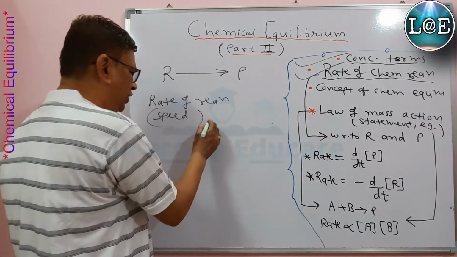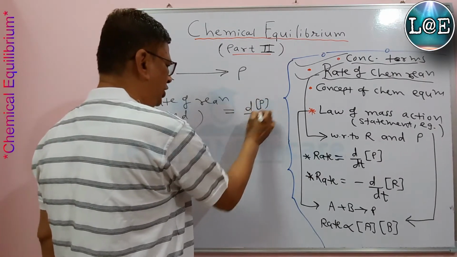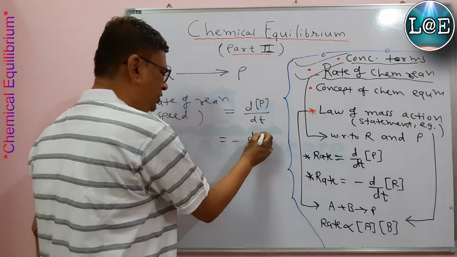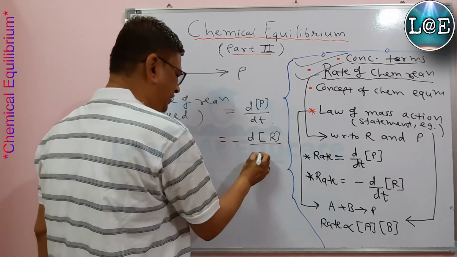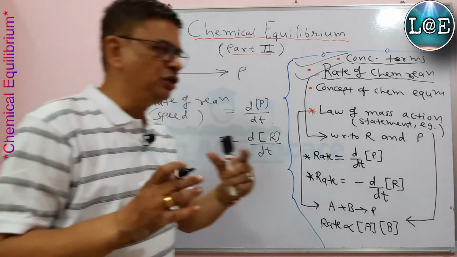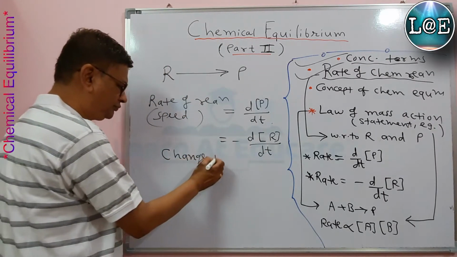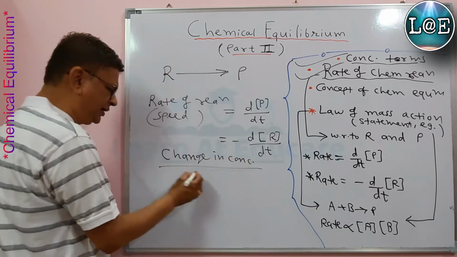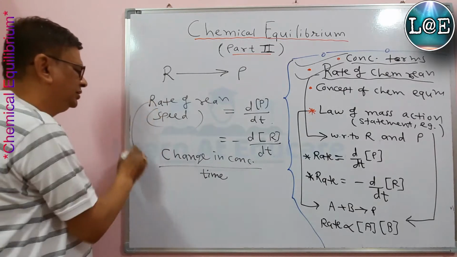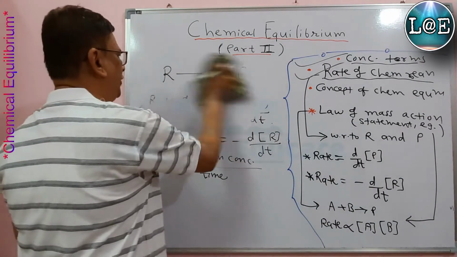That's why the rate of reaction is given by d by dt of concentration of P, the product, and in terms of reactant, it is minus d by dt of concentration of R, something like this. So that is the change in concentration. In general, this ratio, change in concentration of reactant or product per unit time, is nothing but the rate of reaction, which means how fast or slow, that is the speed of reaction.